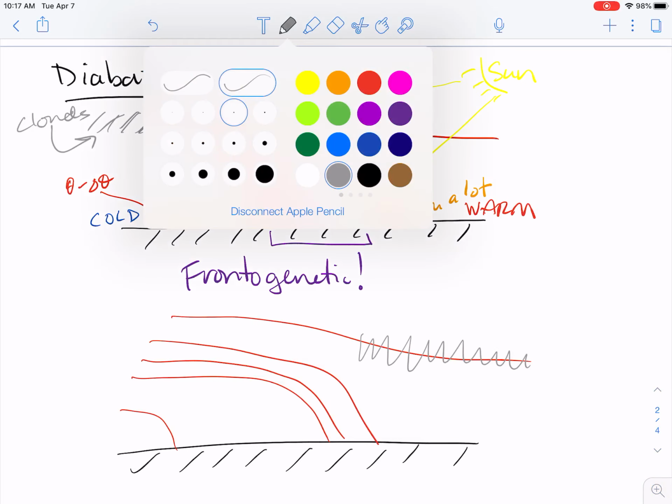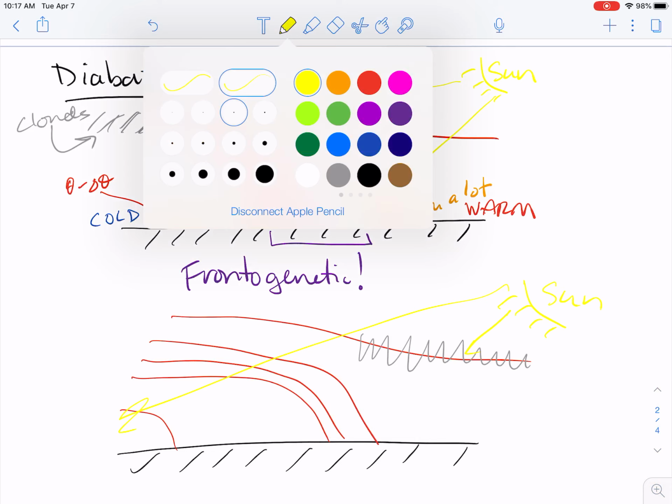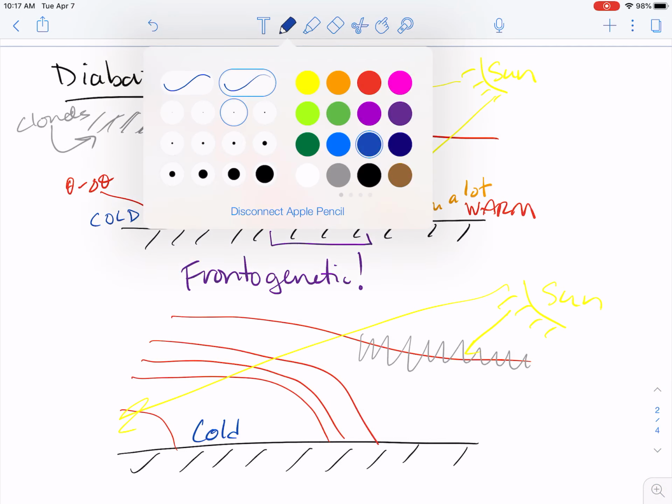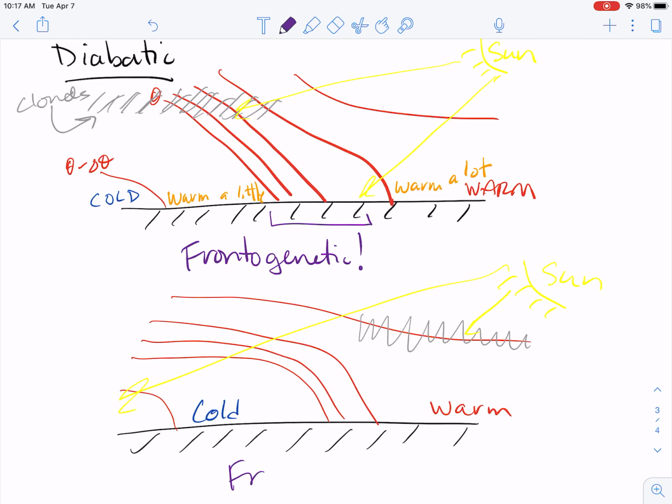And so again, if we have our sun, Mr. Golden Sun, please shine down on me, we are going to warm our cold side more than we're going to warm the warm side, such that this whole process is frontolytic.